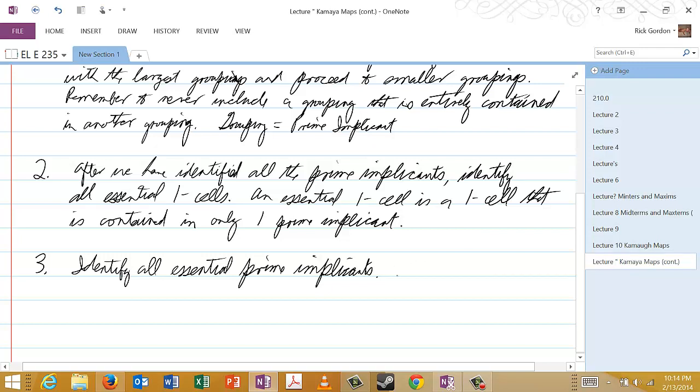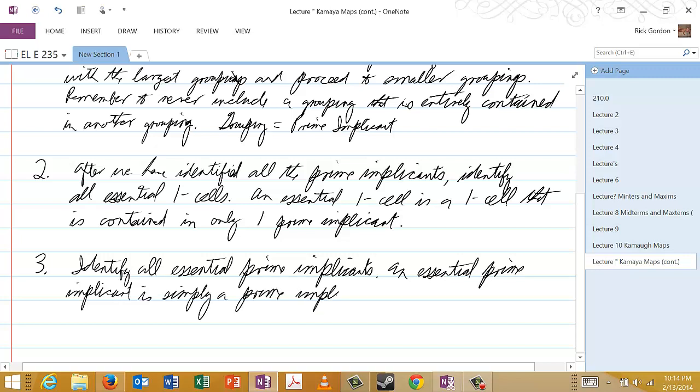And an essential prime implicant is simply a prime implicant containing an essential one cell.